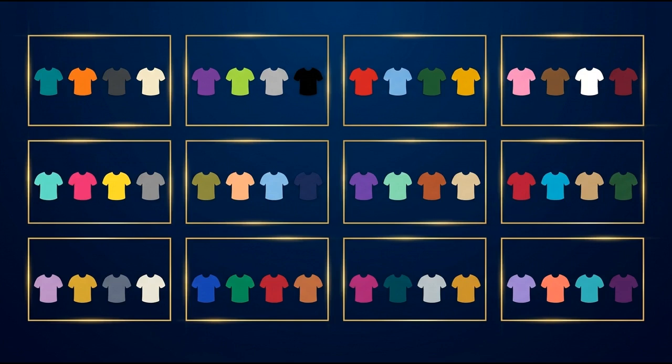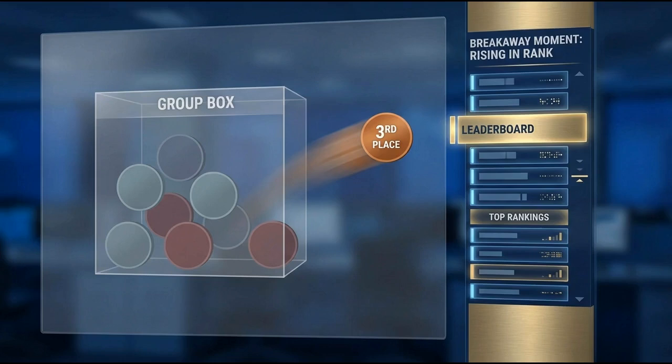The top 2 teams from each of the 12 groups qualify automatically. That's 24 teams. Then, instead of stopping there, FIFA takes the 8 best third-place teams from across all 12 groups and lets them in too. 24 plus 8 equals 32 teams, and those 32 move into a brand new round of 32 that didn't exist in previous tournaments. Before the bracket narrows the usual way after that, down to 16, then 8, then 4, then the final. Sit with that for a second, because it's the part most explainers skip entirely.